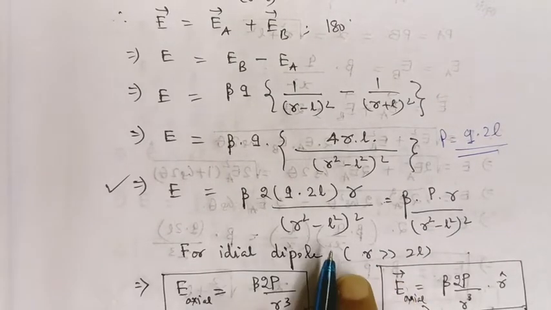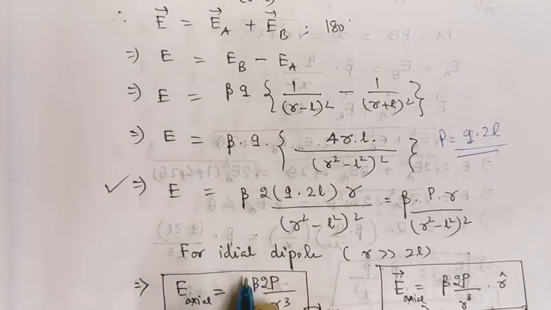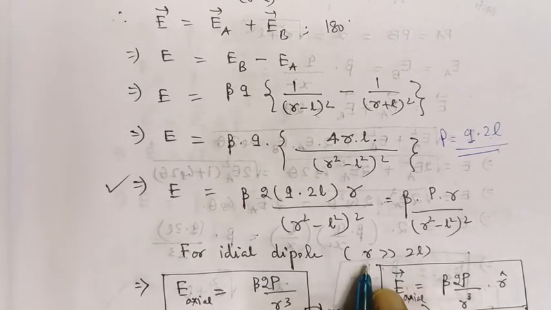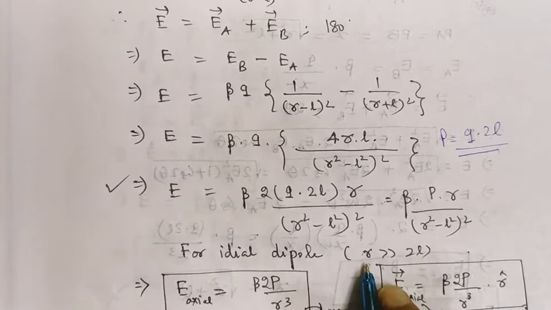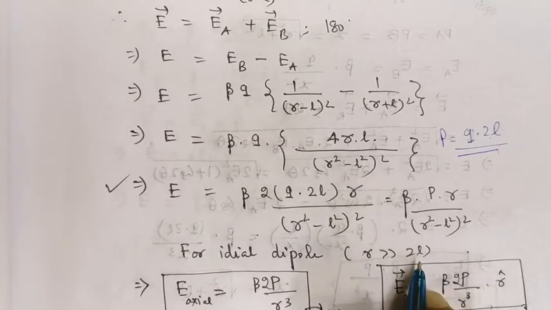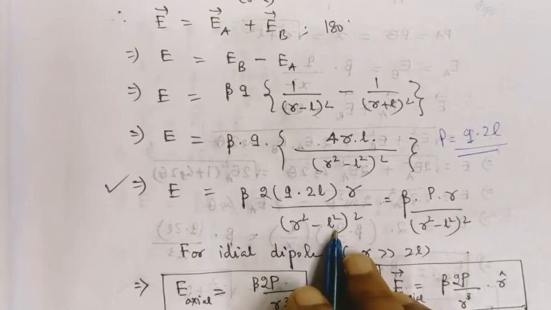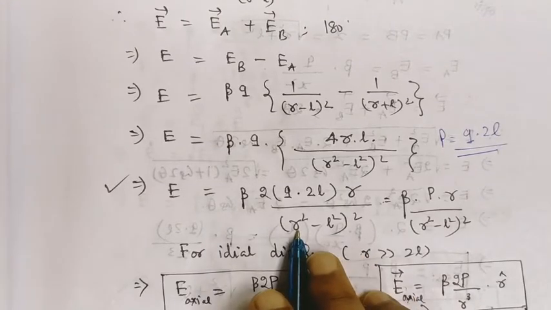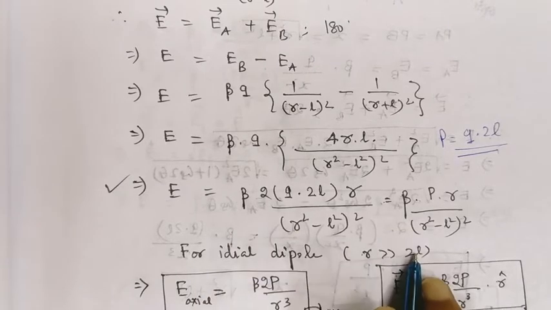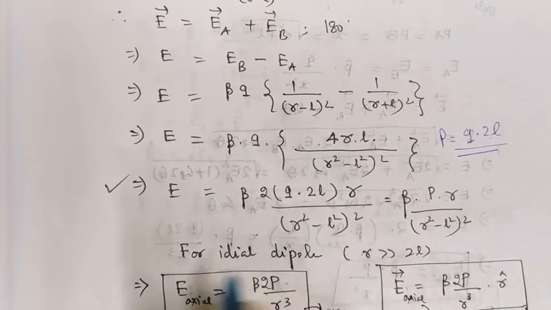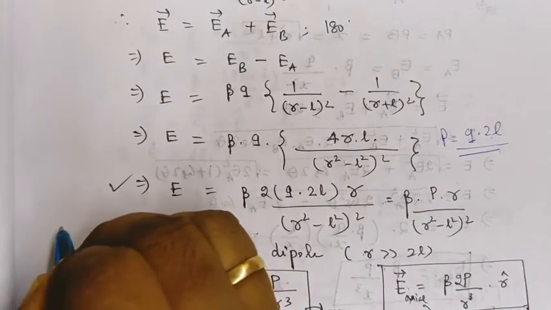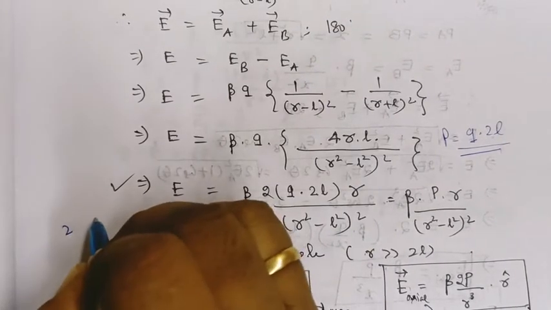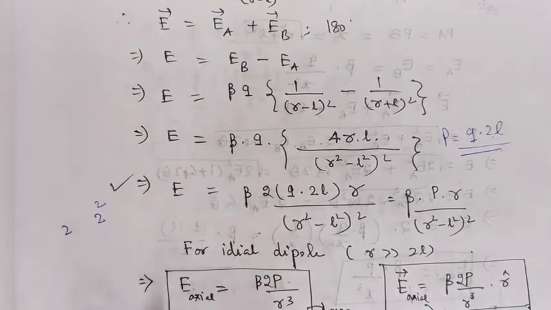As an ideal dipole means 2l is very small, that means r is very much greater. As l is very small, that means less than 1, so these higher order terms, the l squared term, will be neglected with respect to the r squared term. You may worry, sir, l is very small, how is the l squared term neglected? Simply see, of 2 and 2 squared, which one is greater?